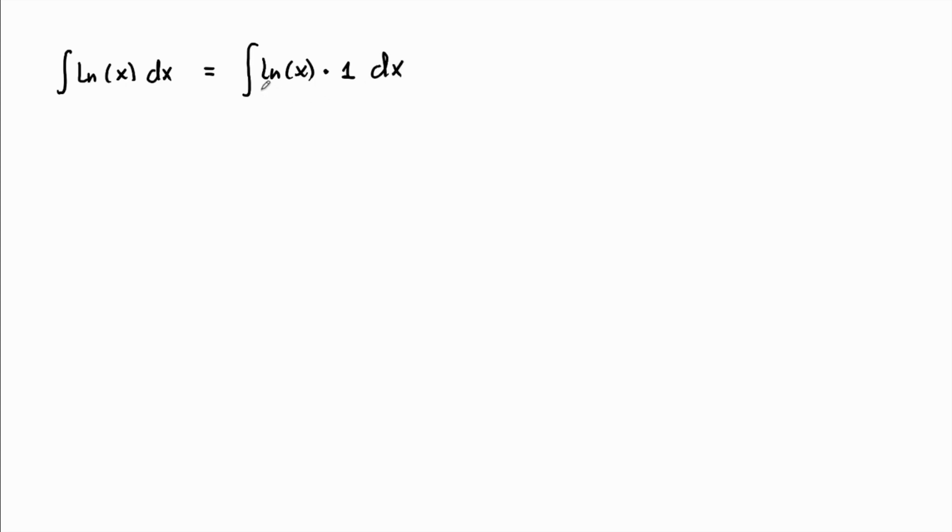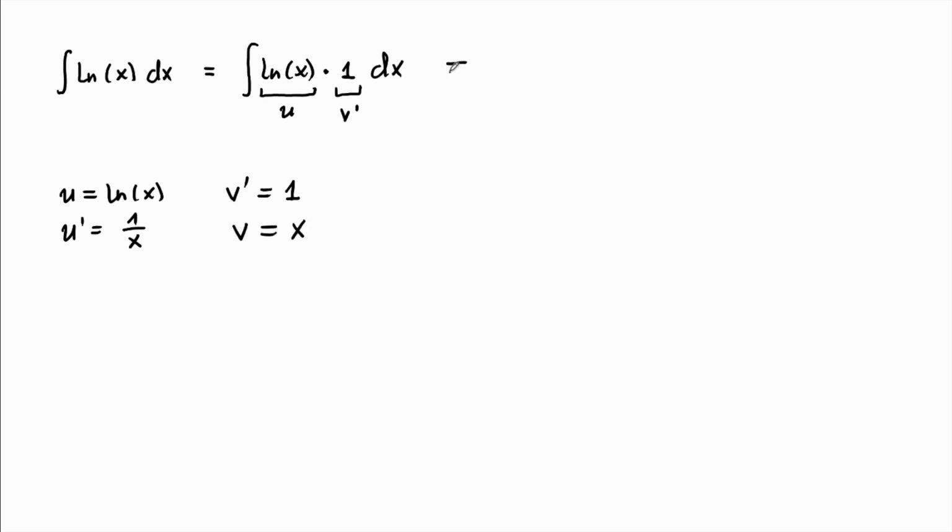And then we can integrate this by parts, and this is the part u, and this is the part v prime. So u is the logarithmic function ln of x, and v prime is the constant function 1. So we know the derivative of this function is 1 over x, and the antiderivative of 1 is x.